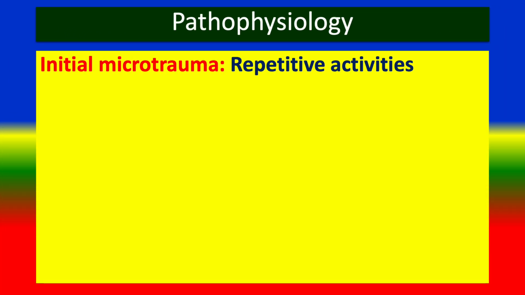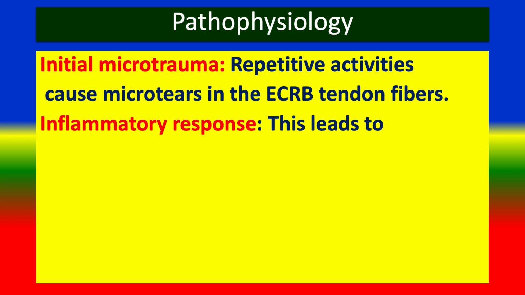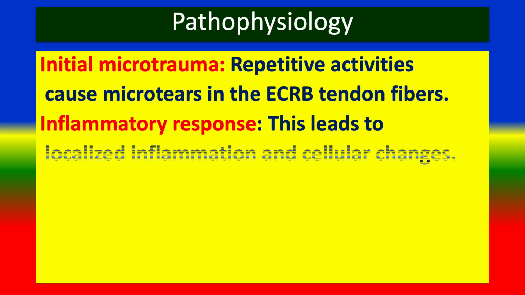Pathophysiology: initial microtrauma, repetitive activities cause micro tears in the ECRB tendon fibers. Inflammatory response: this leads to localized inflammation and cellular changes.